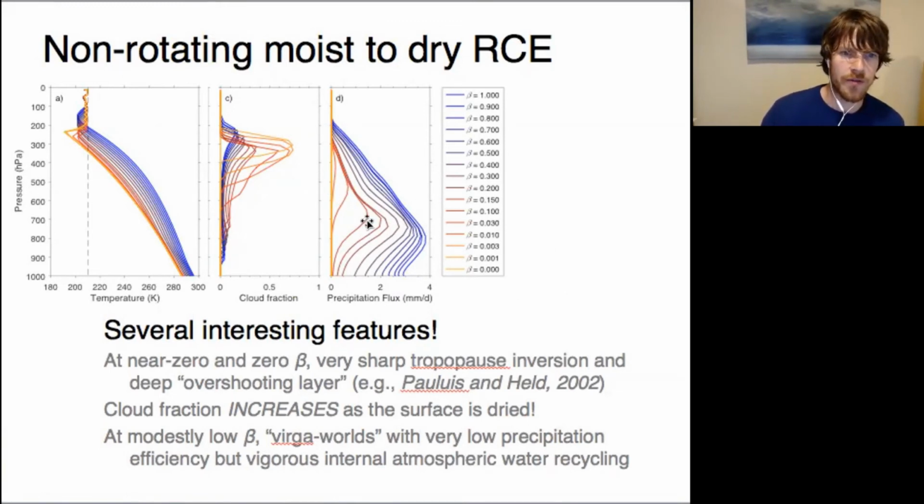For the fairly dry simulations, the dry convective boundary layer deepens, the moist convective cloud layer shifts upwards, and it's very hard to get rain to fall through a deep dry adiabatic layer.